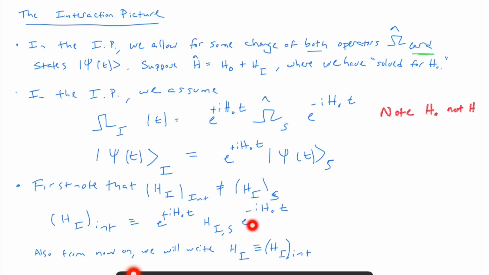Later on it'll be nicer than writing things over and over again, but technically we should write H sub I comma int. But when we just write H sub I without the int at the end, it just means H_I in the interaction picture, which technically is different than the H_I in the Schrödinger picture, which is the picture we've been starting along. By implicit assumption, that was the original H_I we've been talking about before.